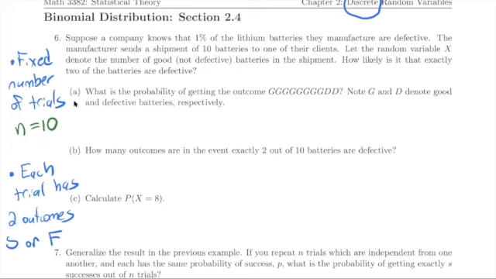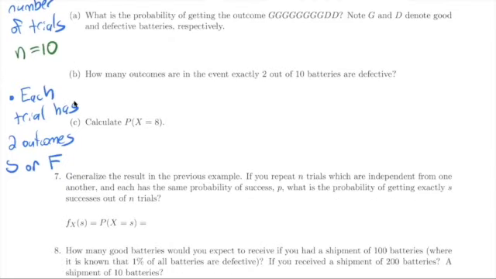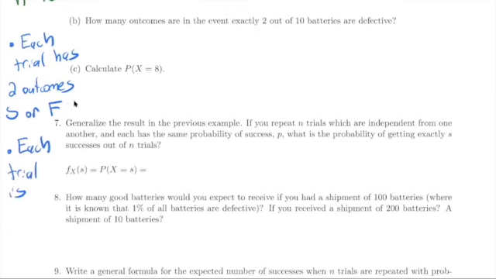A battery is either defective or it isn't defective. And that's where the binomial part of the binomial distribution comes in. So it's a very binary thing. Either we're going to add to our count of successes or we're not. And the last point is that each trial is independent of the other. That means whether or not trial 1 is a success or a failure doesn't affect whether trial 2 is a success or a failure, and so on.